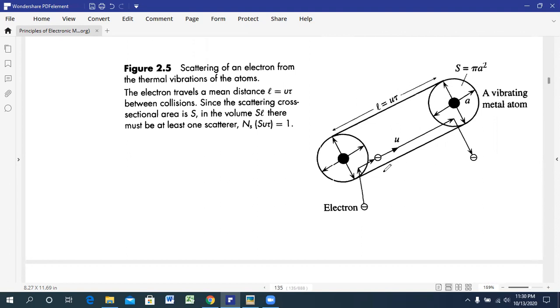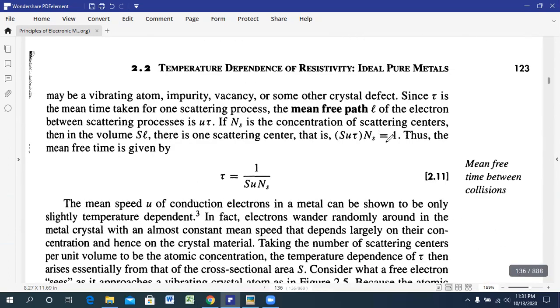And if the velocity of these two electrons, that means the collision velocity between these two electrons, is U, we can find this mean free path L equals U multiplied with tau. So we can write down the formula for the mean free time.